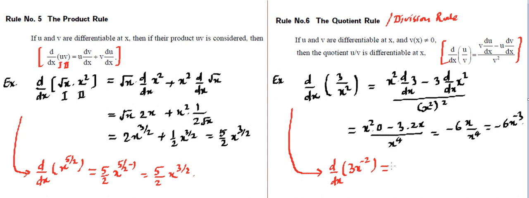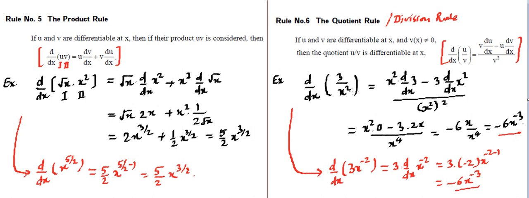Now this is a constant which we can take outside, and we need to apply the differentiation over x raised to power minus 2. And this is a popular formula that we know. You can use that. It's going to be minus 2 and x raised to power minus 2 minus 1. So this and this get multiplied to minus 6 and x raised to power minus 3. You can see you are getting the same answer by using the direct method and the division rule.